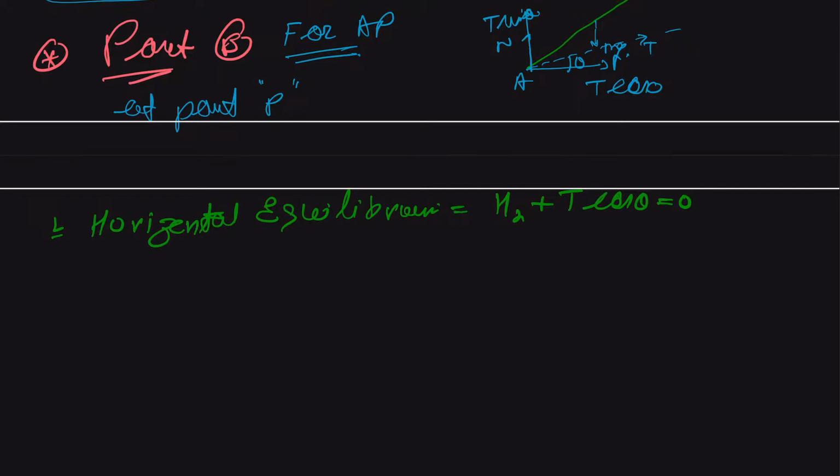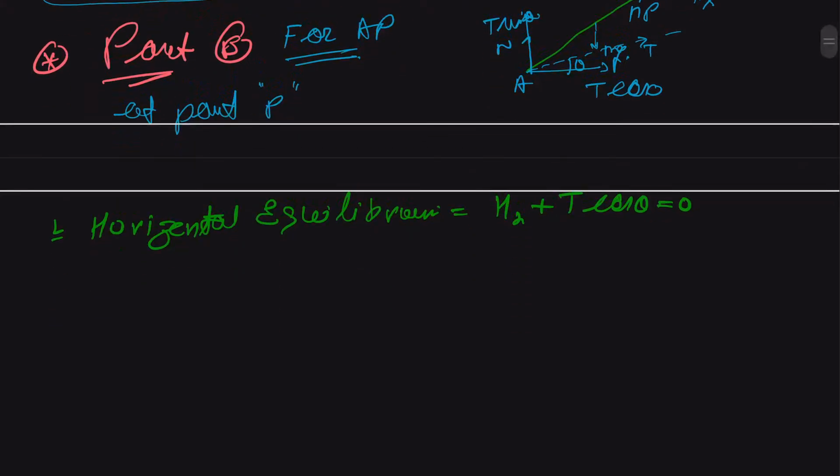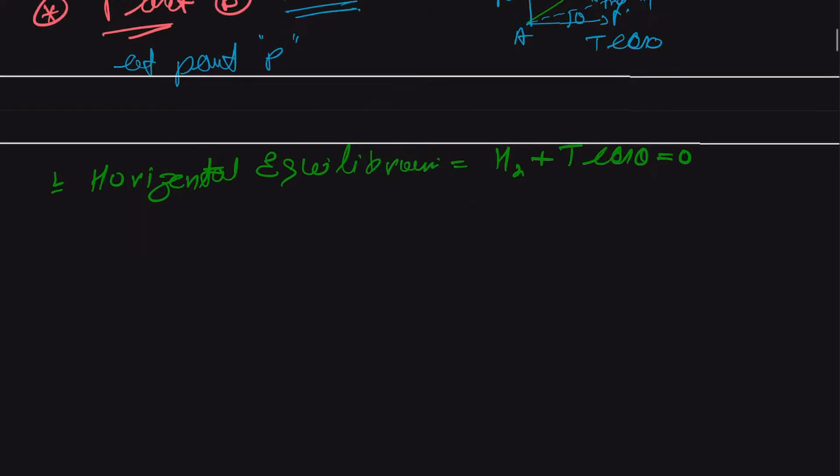I forgot to mention this h of x. So this is our P, and the hinge force will be in this direction, that is our h. So we can say this is our h of x and this will be our h of y, because h is the hinge force acting at P. Therefore h of x is equal to minus T cos of theta.